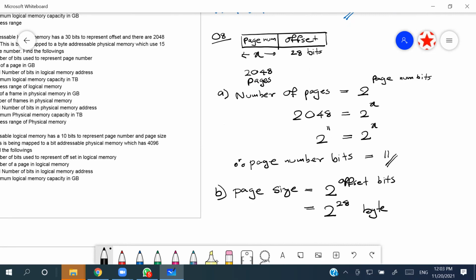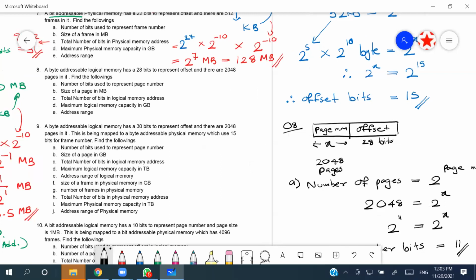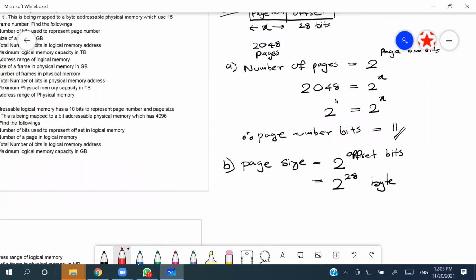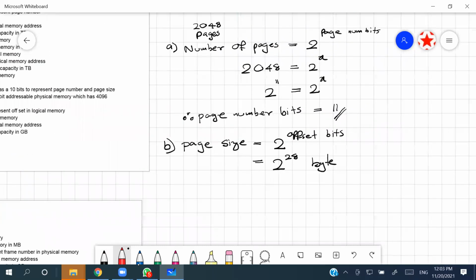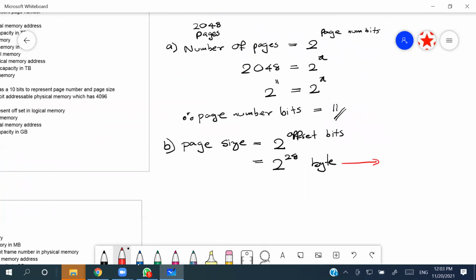The unit comes as byte because the question says it is a byte addressable one. Right? So for that reason, 2 to the power 28 bytes are there. So we are going to convert this into megabytes, right?